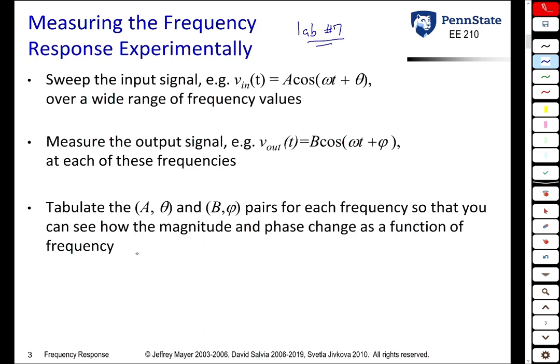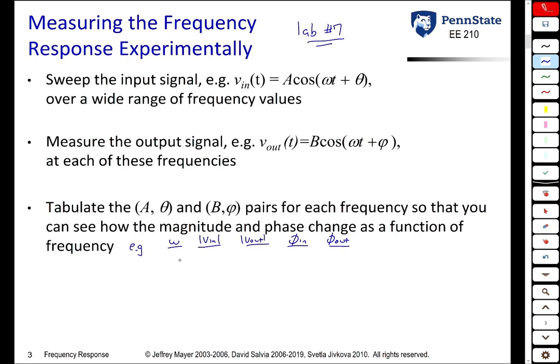For example, you might have a table that looks like this. You'd have your frequency, you'd have the magnitude of your input signal, the magnitude of your output signal, the phase of your input signal, and also the phase of the output signal.